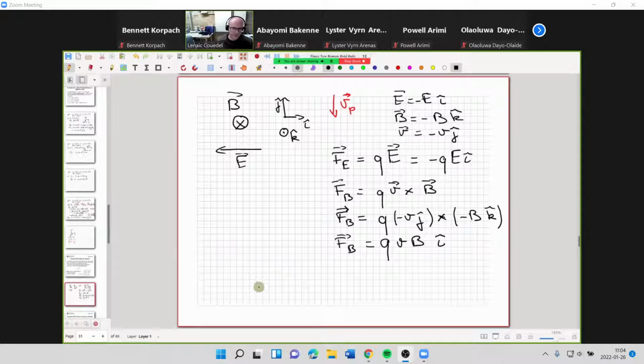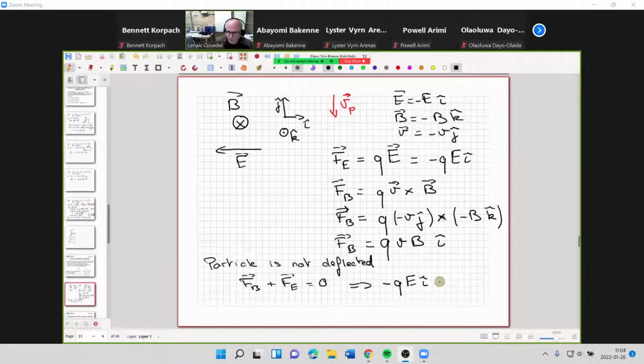So now if the particle is not deflected, that means FB vector plus FE vector is equal to 0, which I can just rewrite as minus Q E I hat plus Q V B I hat equals 0, which I can simplify to Q E equal Q V B. The Q does not intervene.